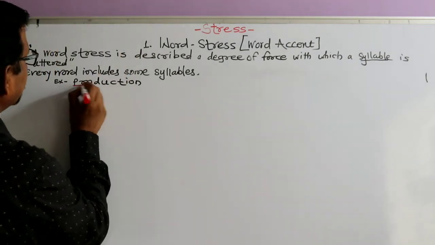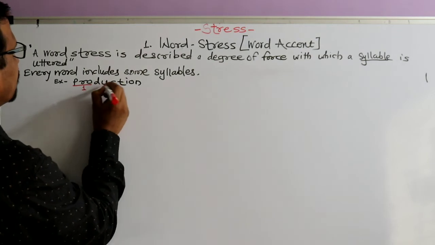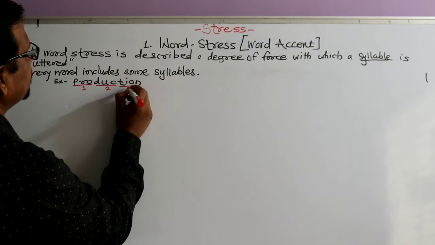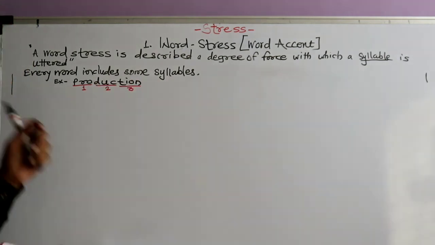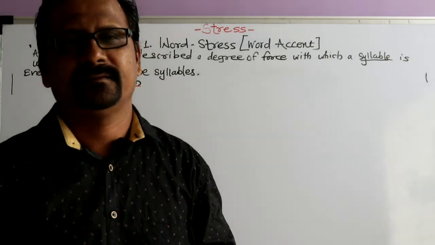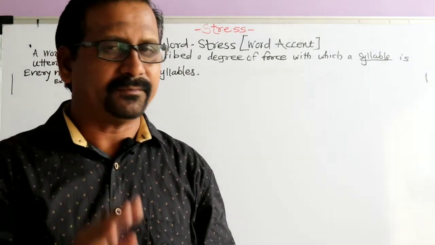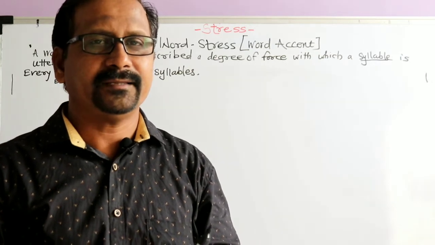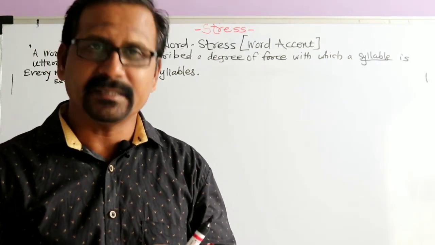The first one is pro, the second one is duc, and the third one is shun. So these are 3 syllables, and when we think about a word, syllables are very important.